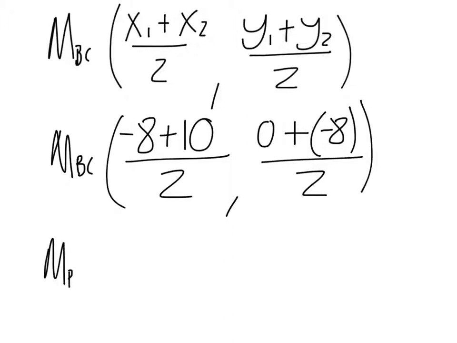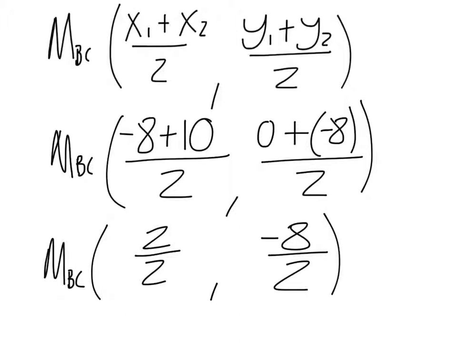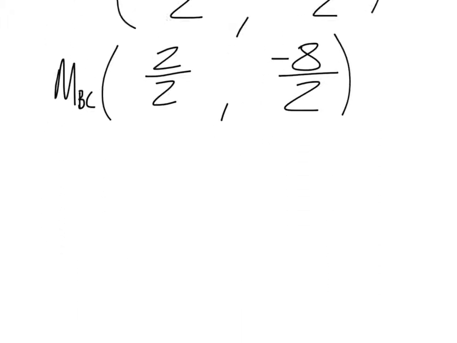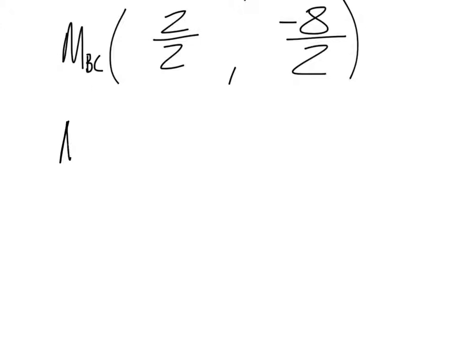That means our midpoint is minus 8 plus 10, which is 2 over 2, and 0 plus minus 8, which is 0 minus 8, which is negative 8 over 2. That means our midpoint, m, is 2 over 2, which is 1, and negative 8 over 2, which is negative 4.